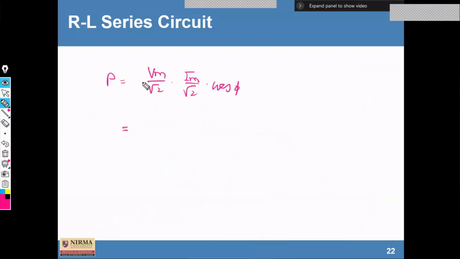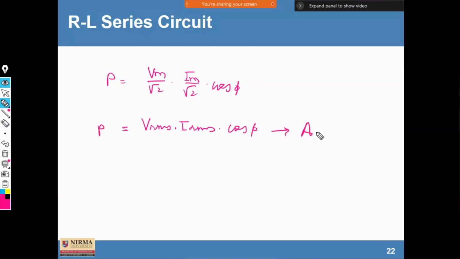So instead of using 1/2, we can write Vm by root 2 Im by root 2 into cos phi, and Vm by root 2 is Vrms, that is the RMS value of the voltage, and similarly Irms is the RMS value of current. Vrms is equal to 0.707 times the maximum value Vm, and this equation of power is called active power.